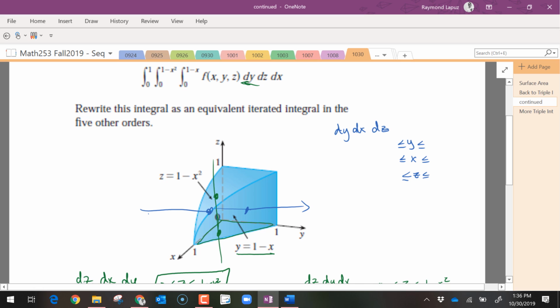So we enter through the region with respect to y when y is equal to what? 0. We're going to be inside of the region and get out when y is equal to what? 1 minus x.